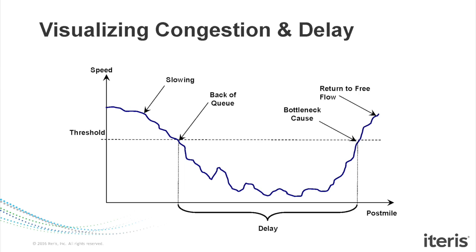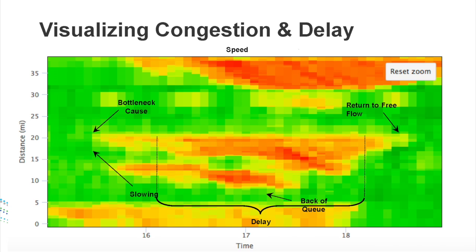There's a cause that happens at the front of this queue, and then you're aggregating that up over time and space to produce, in some cases, a singular number, a measure that you're then trying to target against. Underneath the surface, this section below the threshold becomes the delay or the unreliable traffic that you're trying to analyze.